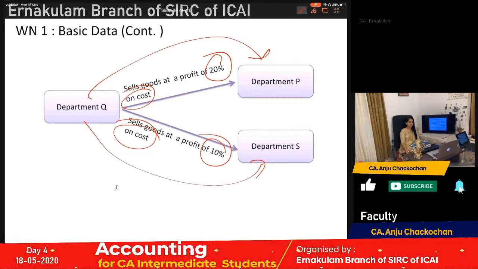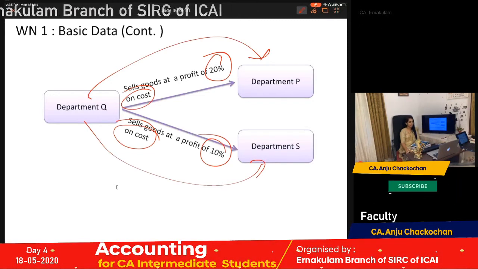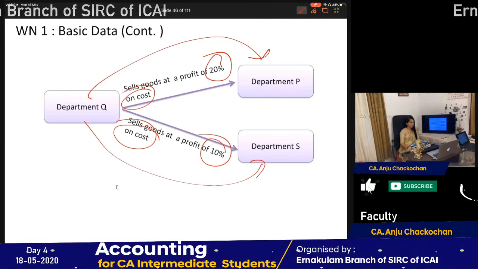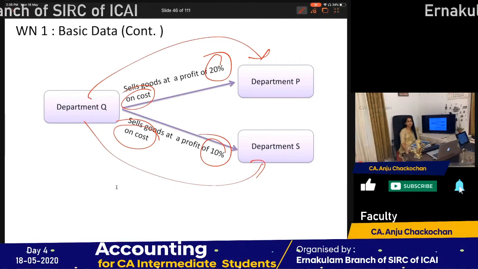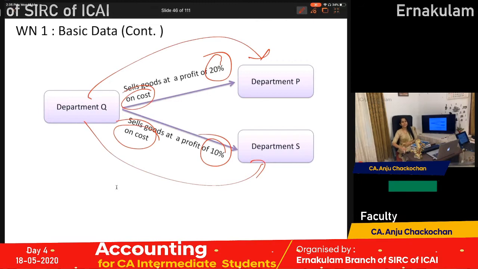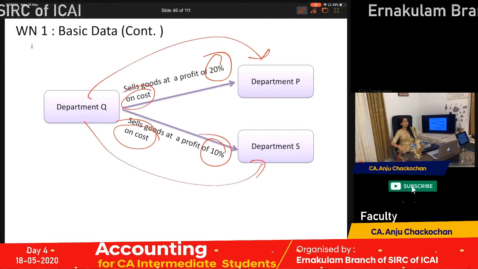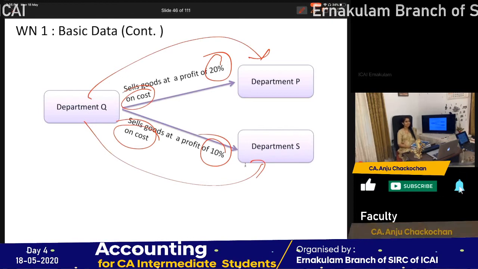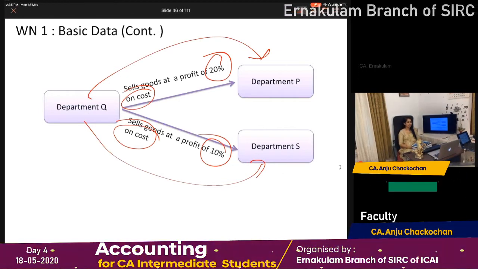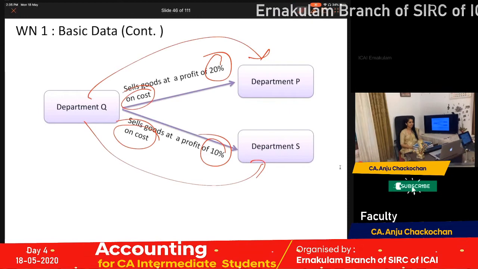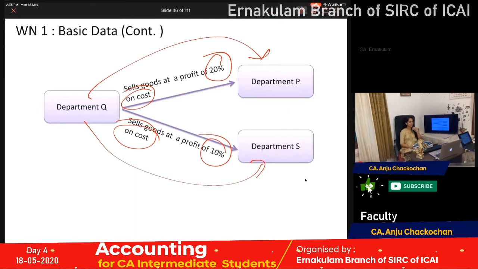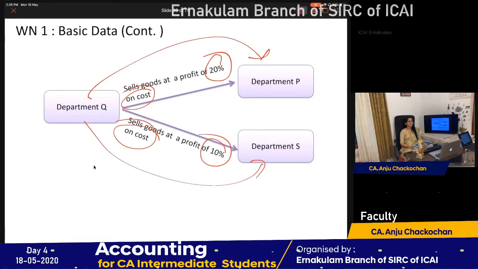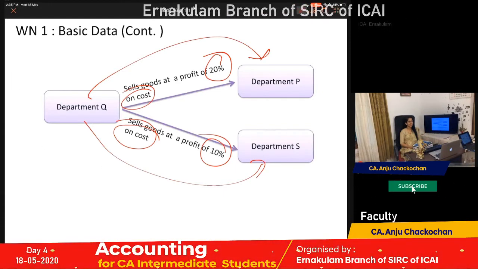Okay, yes, you're doing good. Yes, Harshita. Once you're done with these working notes, we'll proceed with the rest. Good going. Yes, Shruti. Okay, Bagan.